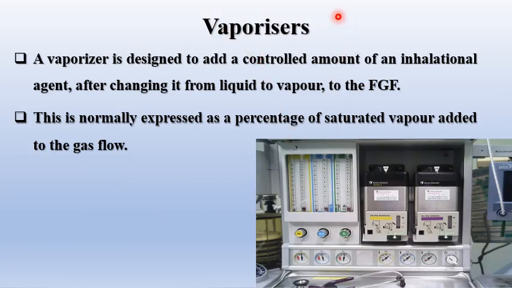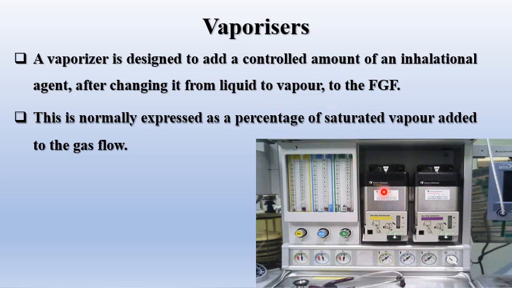Vaporizers are another important part of the anesthesia machine. A vaporizer, like here, for sevoflurane or isoflurane, is mounted on the anesthesia machine beside the flow meter. Below are the gauges for pressure measurements. A vaporizer is designed to add a controlled amount of an inhalational agent after changing it from liquid to vapor.